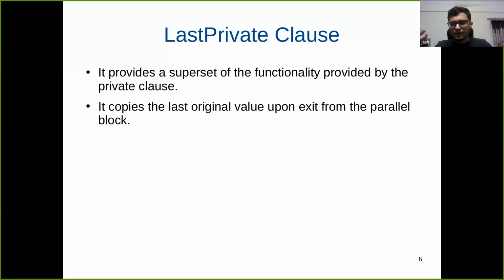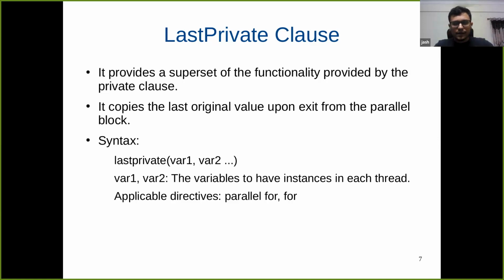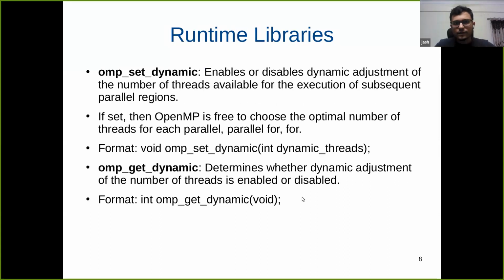Upon exit from the parallel block, the values are copied back. And the syntax is lastprivate followed by the set of variables that you want to specify. And the important point is that it is only applicable for for and parallel for. Yeah, I think that is all.